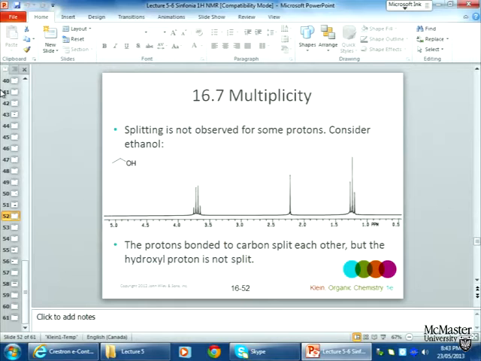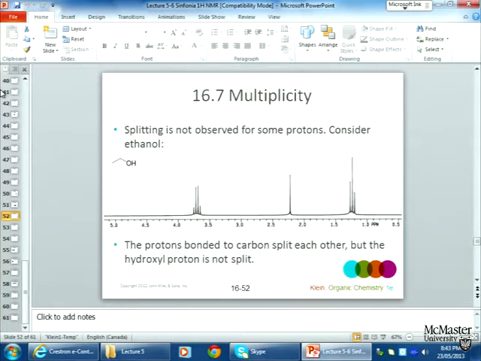So in this alcohol that you can see so clearly on the screen, there is an OH proton, and OH protons can exchange. They can hop from one molecule to another in an alcohol, just like protons hop from one molecule to another in water. So in this case, we do not see splitting, because the proton on the OH group is hopping from molecule to molecule.